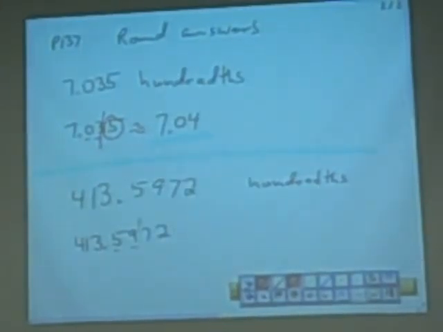Hundredths, right? Draw a line, look at the next number, right? And so that's going to be 413.60, right? Good.